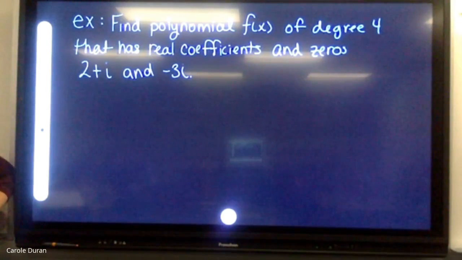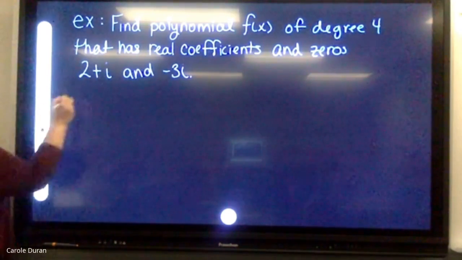So as I'm looking at this problem, how many zeros do I need to have in total? 4, because it is a degree 4 polynomial. How many have I been given? 2, but each of those is a complex number, which means the conjugate of each of those is also a 0.